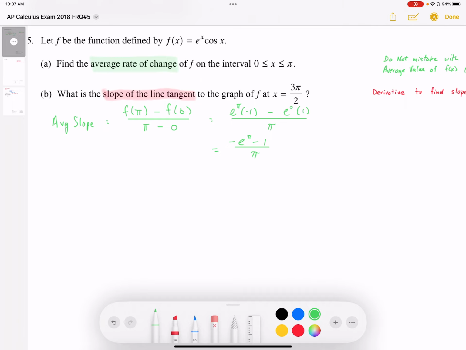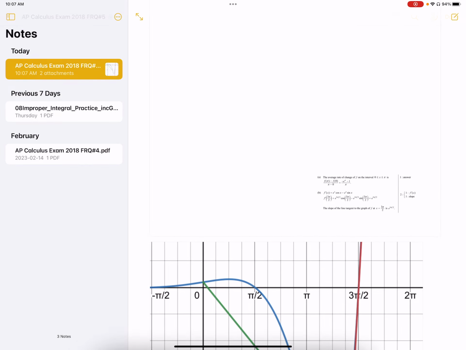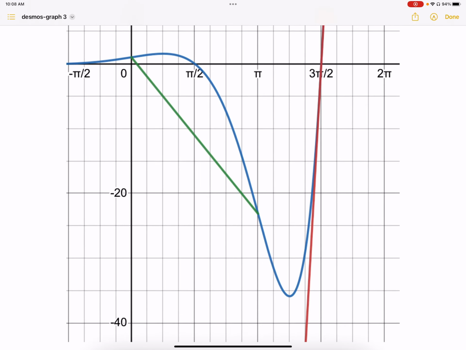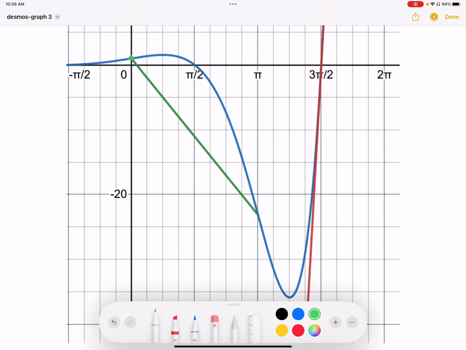If we take a look at the graph of this, in blue is our f of x function, and the average slope is going to be the secant line, or the slope between these 2 points. So we're just finding the rise and run between those 2 points. This is our delta y and delta x that we calculated.